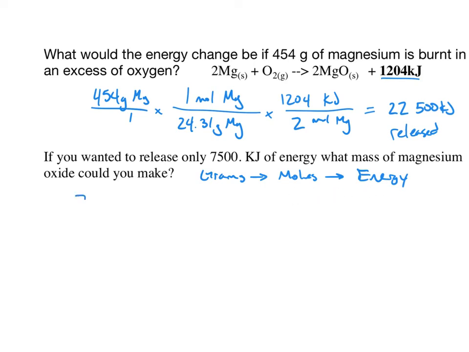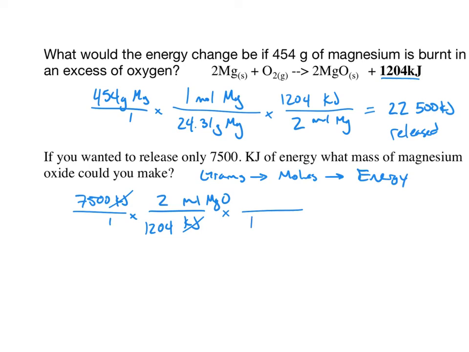So I begin with 7,500 kilojoules of energy over 1, and I'm going to put kilojoules on the bottom and moles on top. It's the kilojoules to moles conversion, just inverted. I'm going to put 2 on top because it's the moles of MgO, and 1204 on the bottom. So by doing that, I converted from kilojoules to moles of MgO.